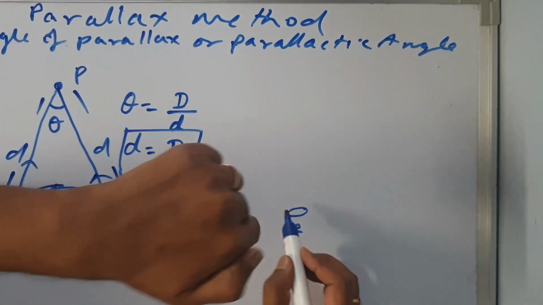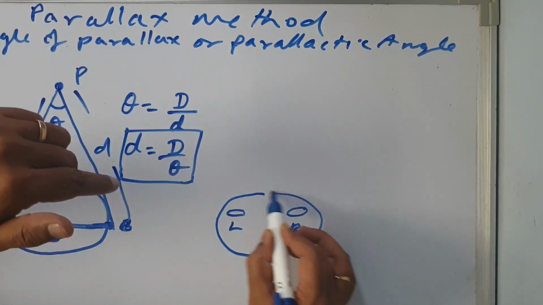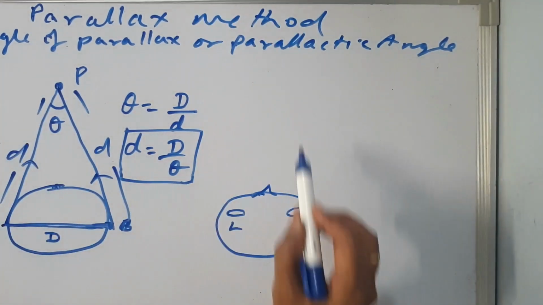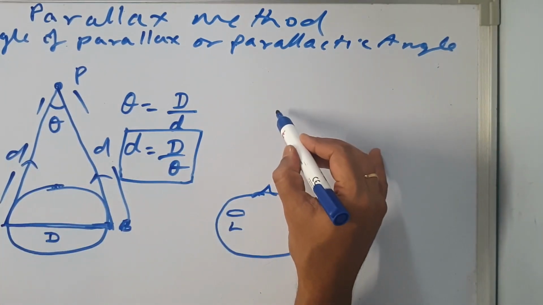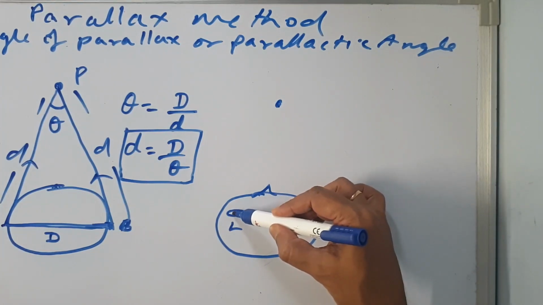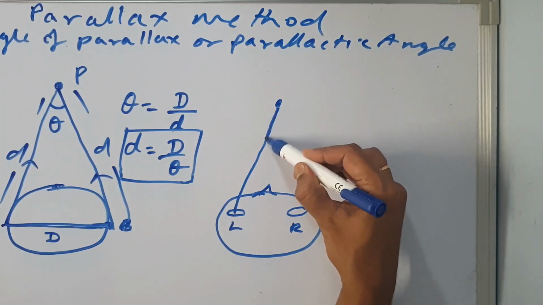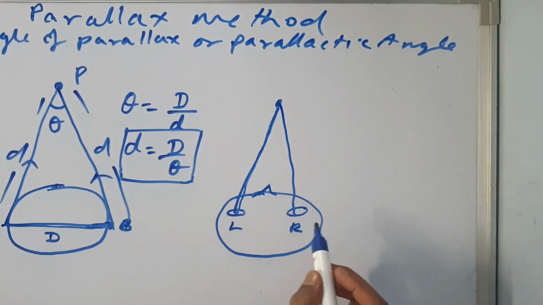I am looking down, this is your head. This is your nose. You are looking in this direction. You are looking from top. Now if I hold a pen here in my hand, with my left eye I have to look in this direction. With my right eye I have to look in this direction.